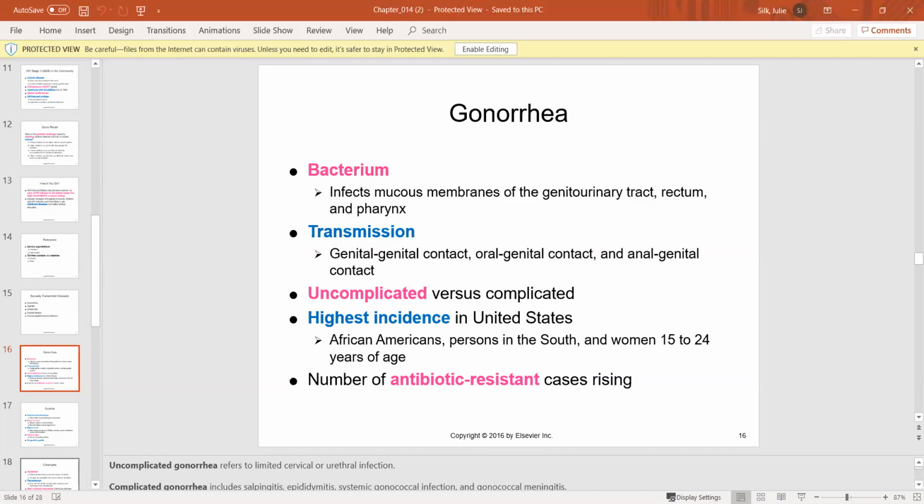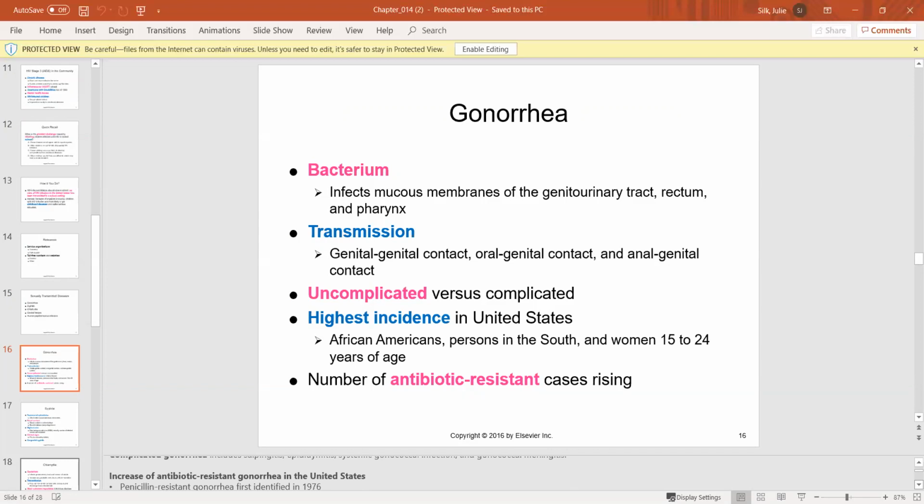Complicated means that you have worse things going on. So you can have salpingitis, epididymitis, systemic gonococcal infection, and gonococcal meningitis. So that's pretty bad. The highest incidence of gonorrhea in the United States is among African Americans, persons in the South, and women 15 to 24 years of age.